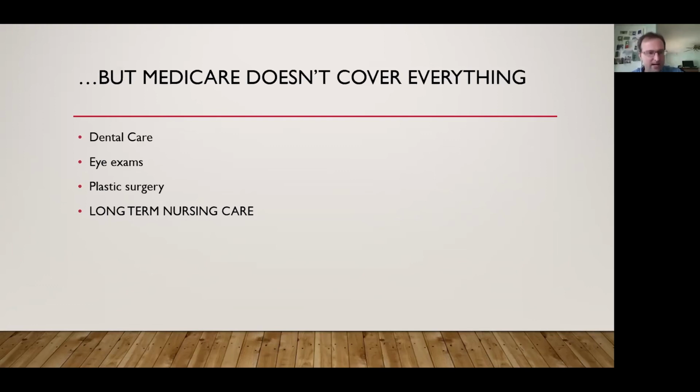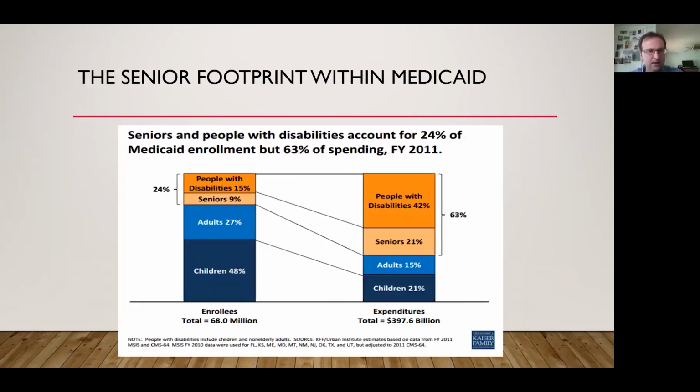Dental care, eye exams, plastic surgery, and again, that biggie there, long-term nursing care, not covered under Medicare. So that means that many seniors must fall back on Medicaid, and many, in fact, do.